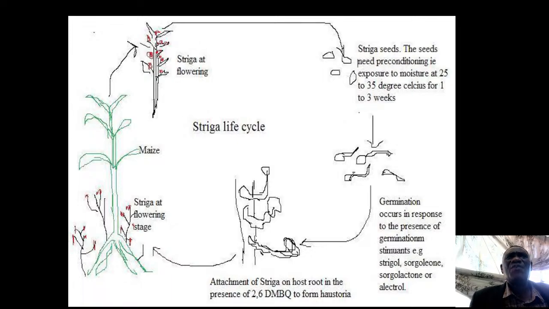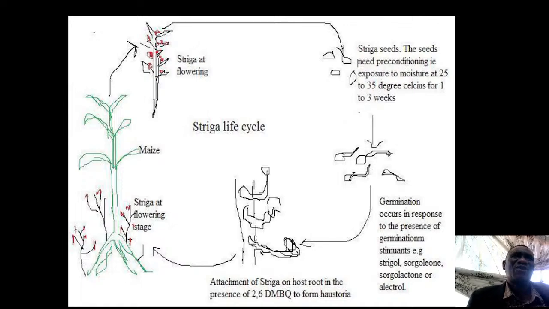But it has now been realized that there are several what are known as haustoria initiation factors, or substances that allow attachment.